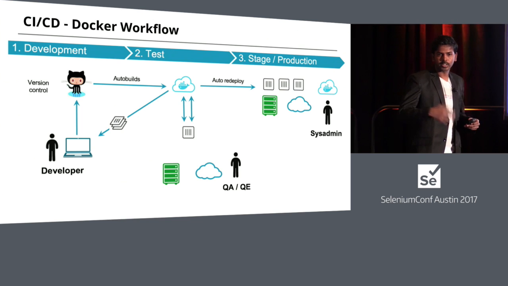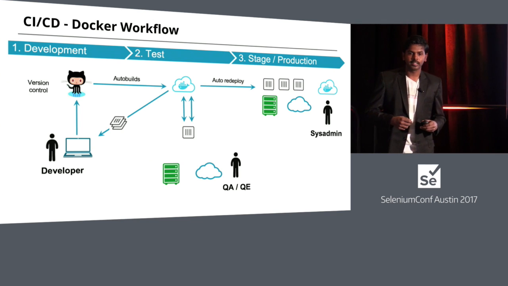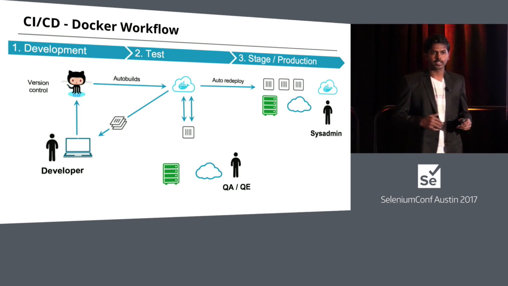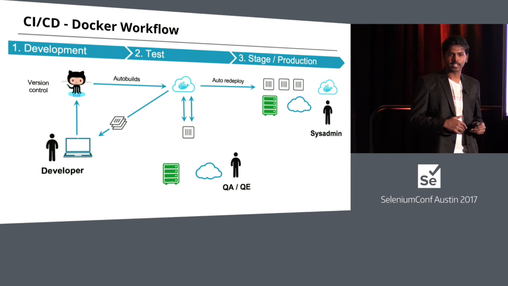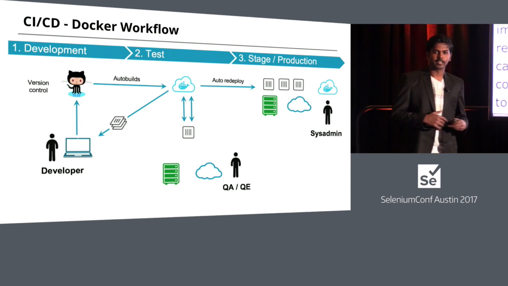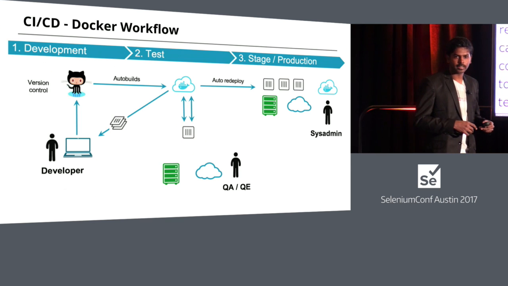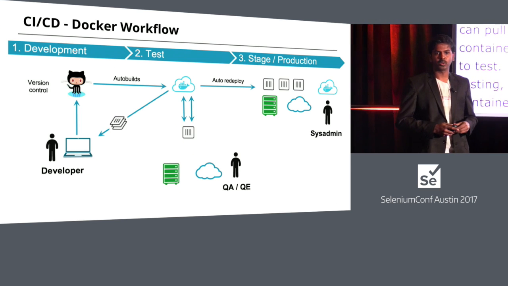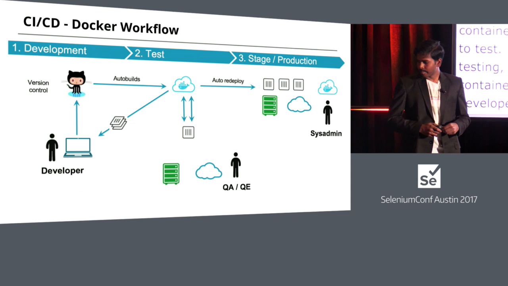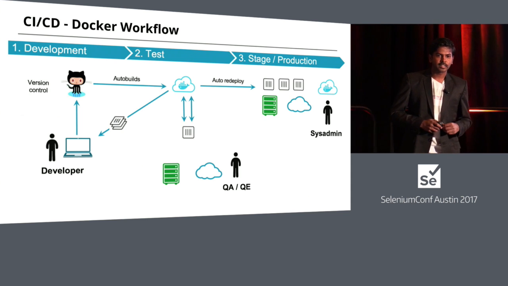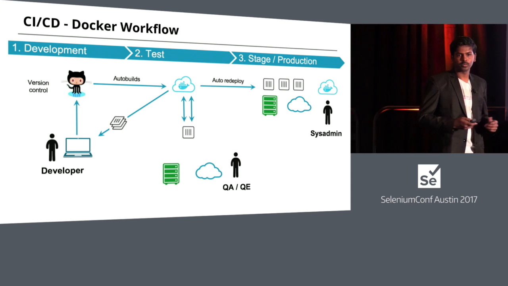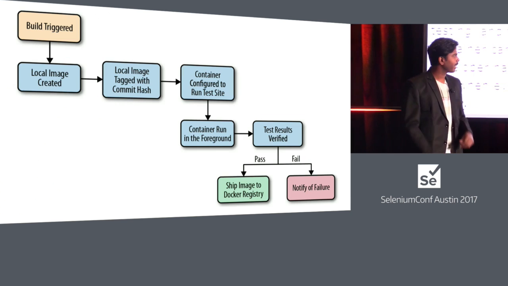Then the tester can pull that image, spin up the container, and the application is up for him to test. He can spin up the container for his testing, and the test container can talk to the container which the developer has. Just testing over containers now. And when everything is green, it can be deployed to whichever environment we need.